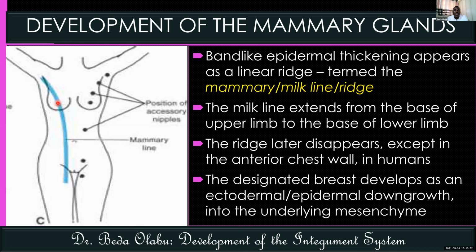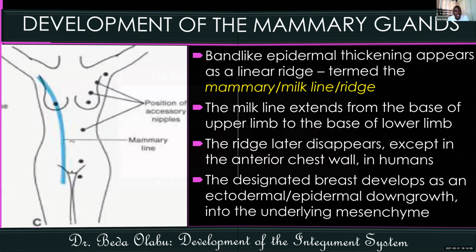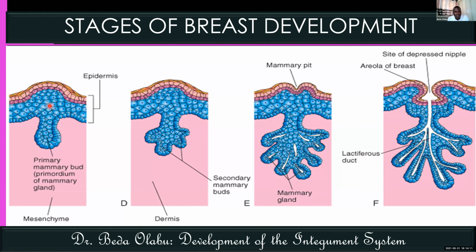The rest usually disappear. So the story then remains the same as that for the sweat glands: the part that remains, the tissues of the ectoderm or epidermis, just grow down to the underlying mesoderm or mesenchyme in the manner shown in these images. Initially you have a bud, then the bud branches, as we can see here, down from the epidermis, remember.